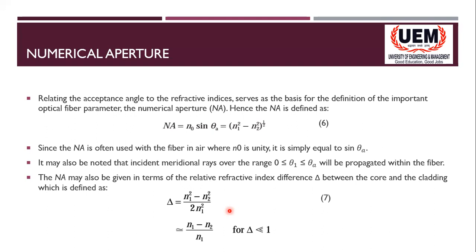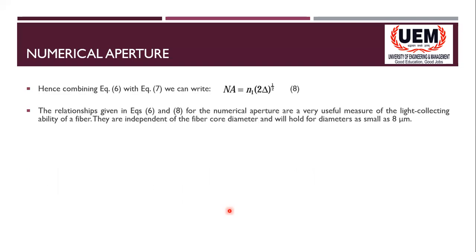Now in the numericals or any practical usage, we can use both alternatively. Either we can use numerical aperture or we can use the relative refractive index. Both these terms are related to the refractive index of the core and the cladding. So this is what we are getting.